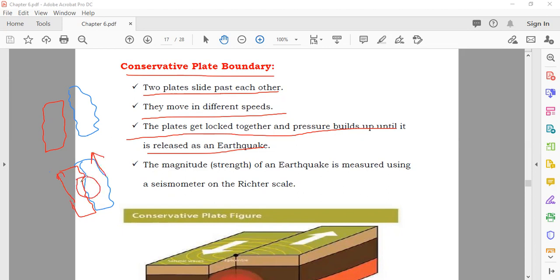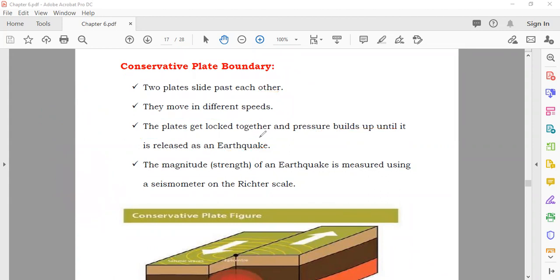One wants to go this side, the other wants to go this side, but due to this unsmooth surface, they get stuck. Still, the magma is applying a force to move them. But if they are stuck, then an earthquake will come, and then they go away from each other because the pressure is from down below. The only way to move them away from each other if they are stuck is the earthquake.